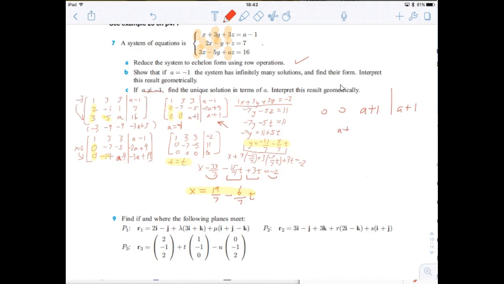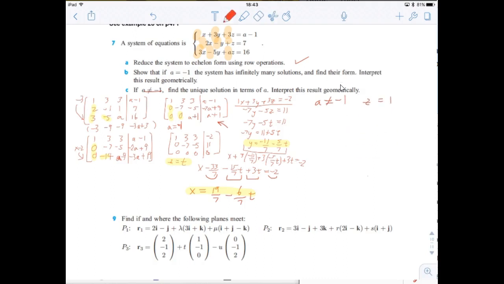We would have A plus 1 times Z equals A plus 1. Now we know that A is not -1, so it's not 0Z equals 0, which would be infinite solutions. Now we can just divide both sides by A plus 1, and we would get Z equals 1, because A plus 1 divided by A plus 1 is 1. So in the case that A is not equal to -1, we know that Z is equal to 1.